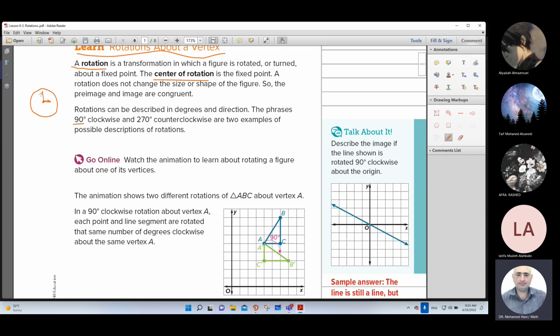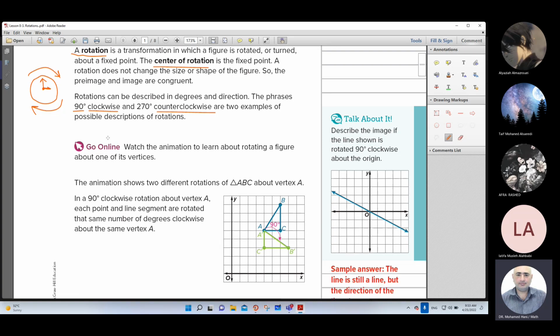For example, we have two directions: clockwise means from left to the right, and counterclockwise means from right to the left. These are two examples of possible descriptions of rotation.